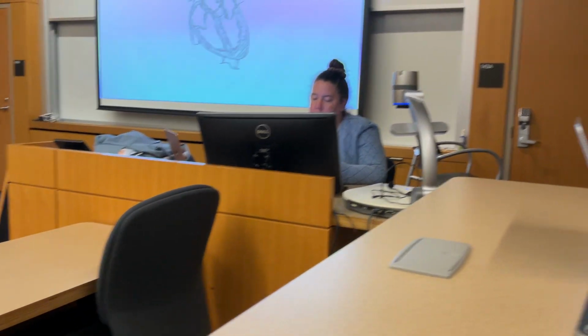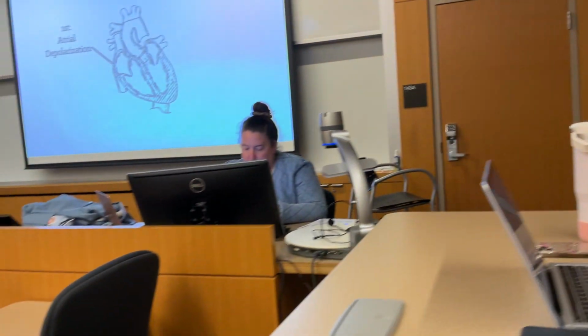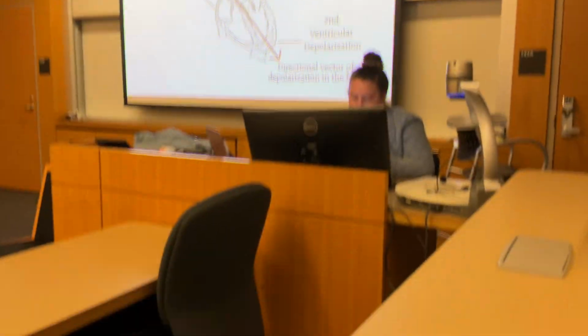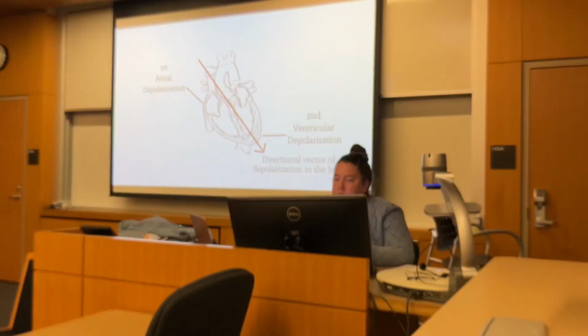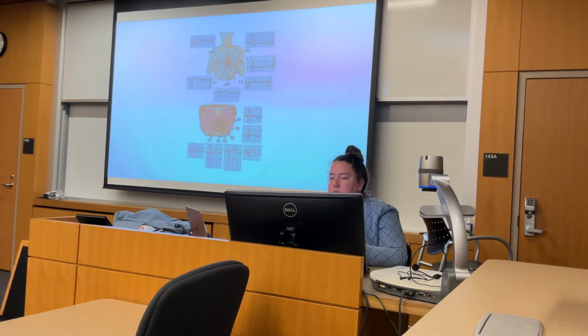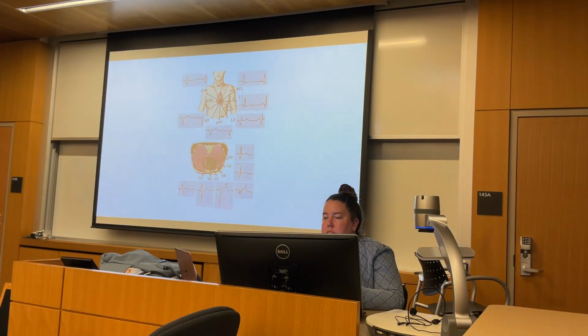Recall that the entire myocardium is not depolarized at once. The atria depolarize first, and then the ventricles depolarize next. As a result of the sequence and timing of the spread of depolarization and repolarization in the myocardium, potential differences are established between different portions of the heart, which can be detected by electrodes placed on the body surface.